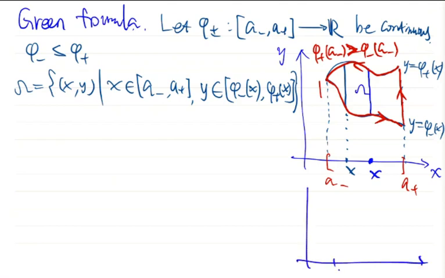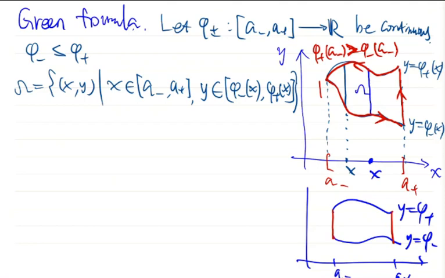That is here, a minus, a plus, and this is y equal to phi plus, this is y equal to phi minus. Then we have a vertical part on both sides. The domain bounded by this curve and the possible vertical part is what we call the simple domain.